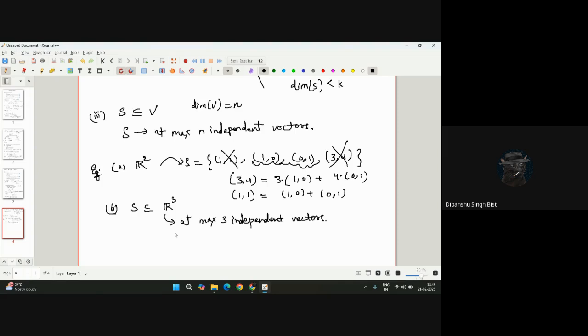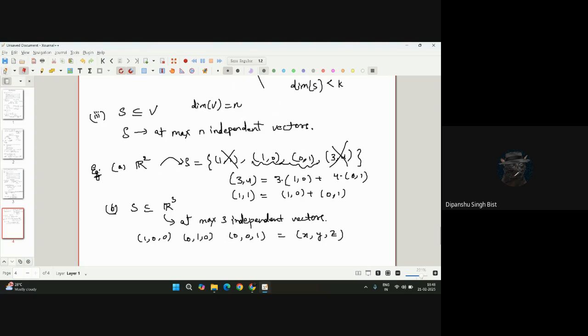Okay, why only 3 independent vectors? Because let's say I have taken 1, 0, 0, and then I have taken 0, 1, 0, and then I have taken 0, 0, 1. So any x, y, z, that is any other vector of this R3, can be represented by the linear combination of these three vectors.